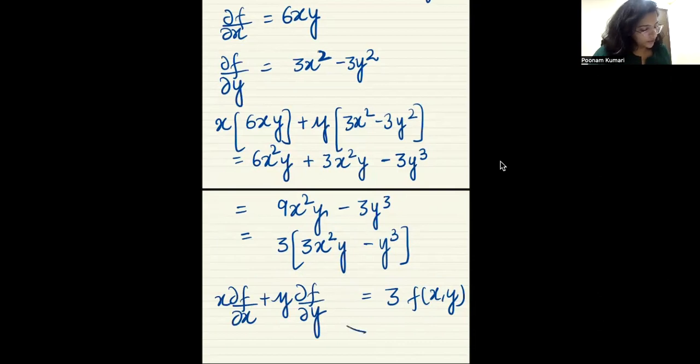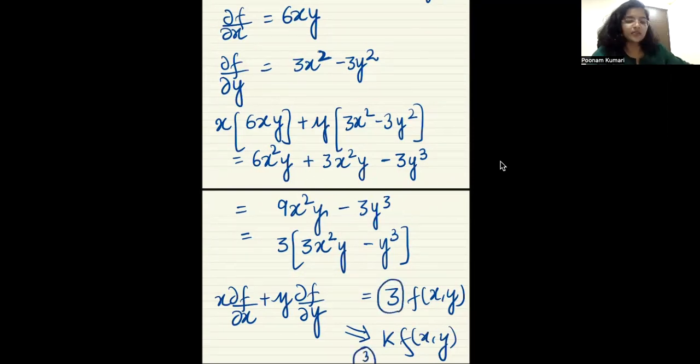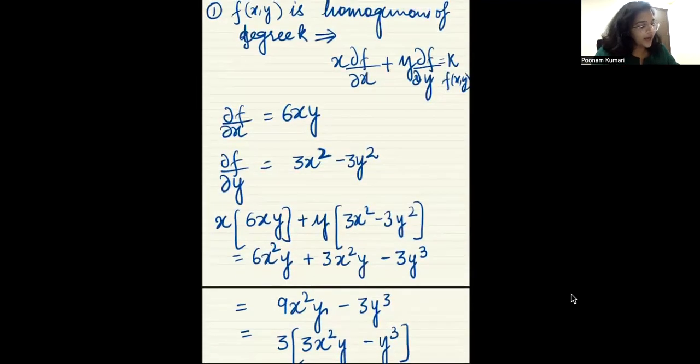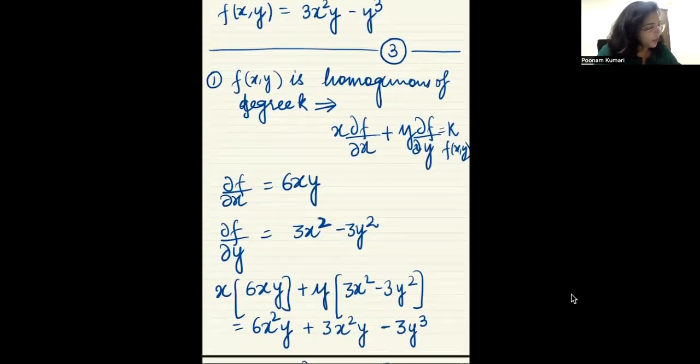And what should we have here? k times f(x, y). And what is k in this case? What is my degree of homogeneity? 3. So that is why I have a 3 here. So that means Euler's theorem is satisfied. Are you convinced that this is indeed satisfied? Yes, ma'am. Okay. So now let's look at the other property, the second property.